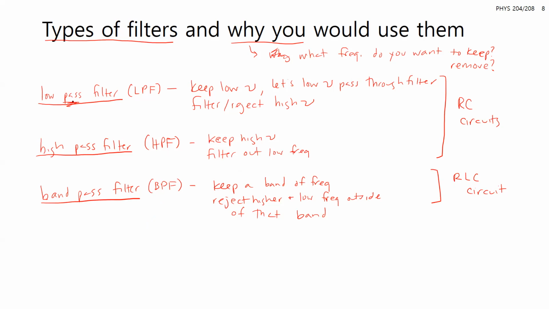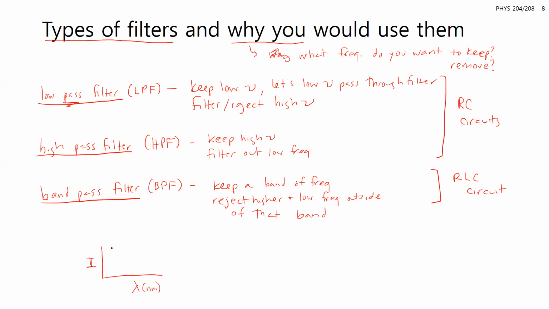I also want to note that this is the terminology for electronic filters, and depending on what field you're in, you might hear different terminology for filters. I work with optics, and there are optical filters to remove certain wavelengths. That's typically viewed in terms of wavelength with light.